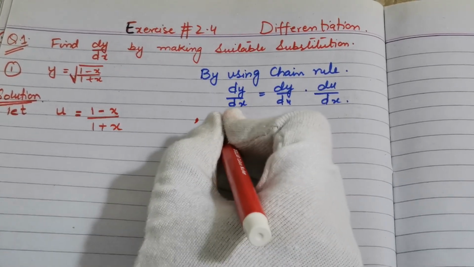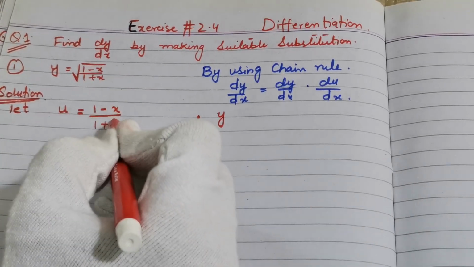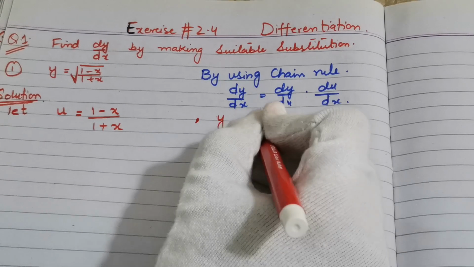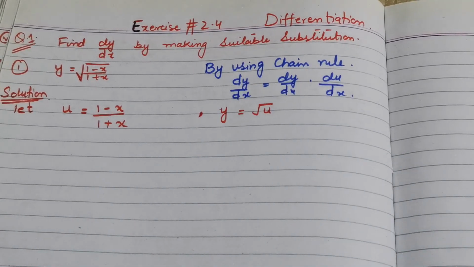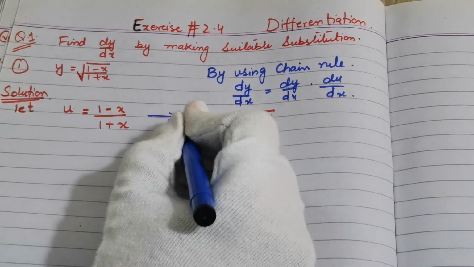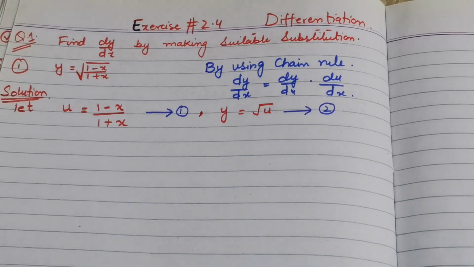So our y becomes, if we consider this term as u, y is equal to under root u. This we name equation 1 and this we name equation 2.